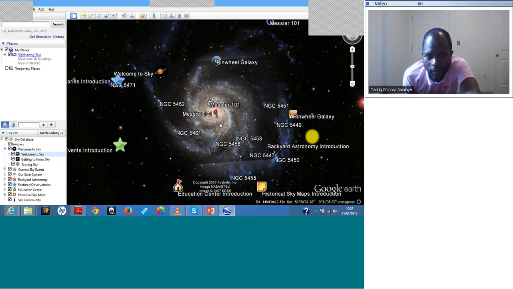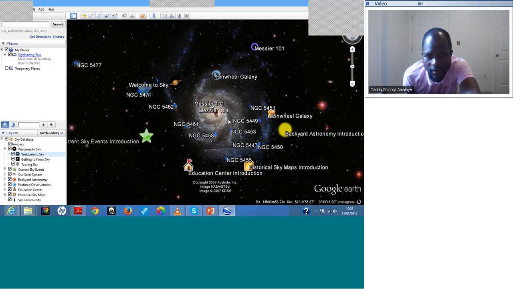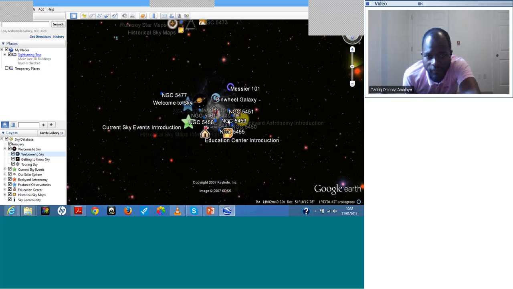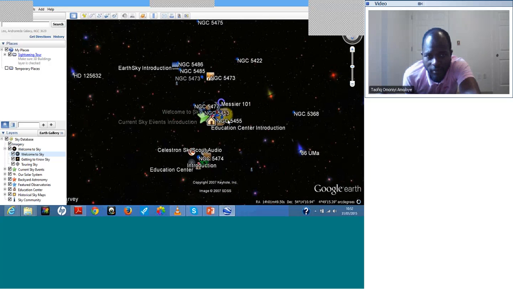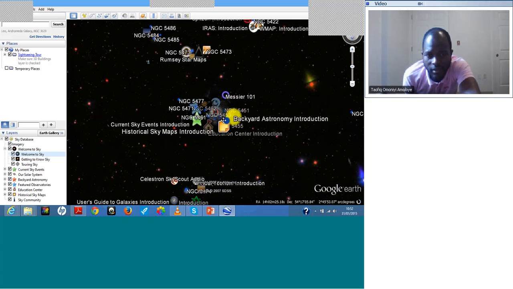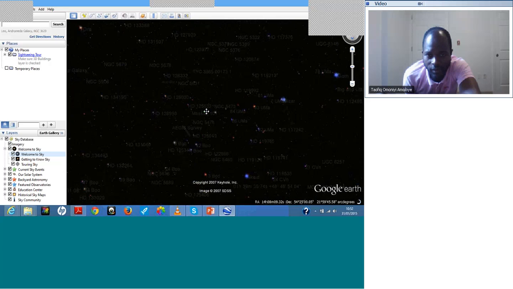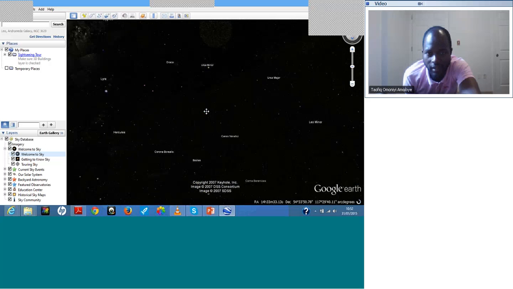But then this is the Milky Way galaxy, and before we delve into it, it might be interesting to see what the Milky Way galaxy might look like if we went further away from it. You see, as we go further away, it's turning into a single speck where there are other specks somewhere else too. And then we go further and further out.